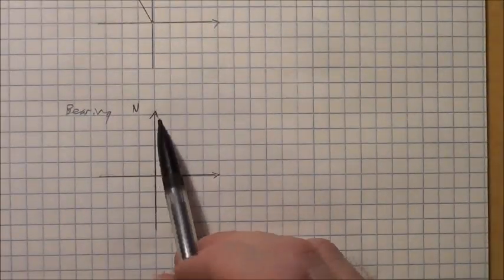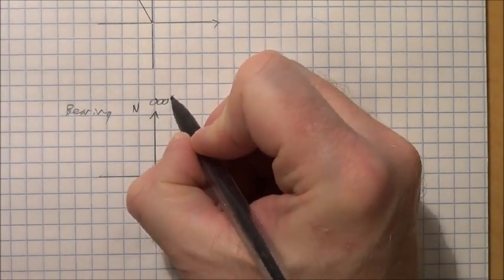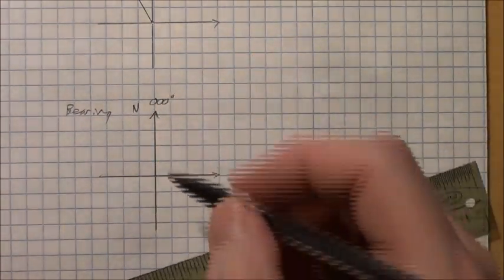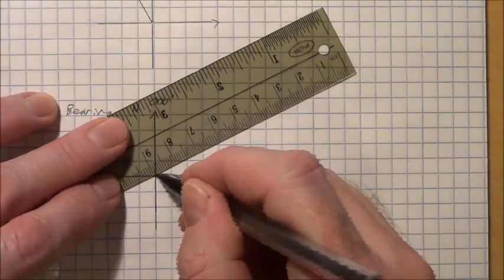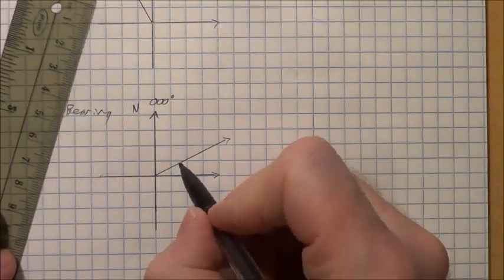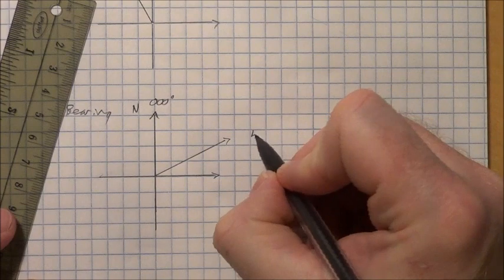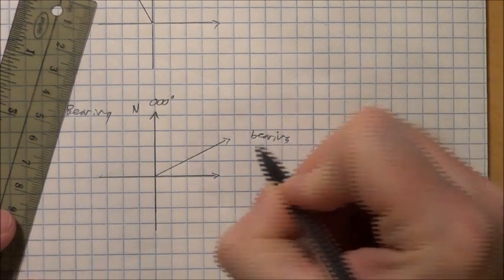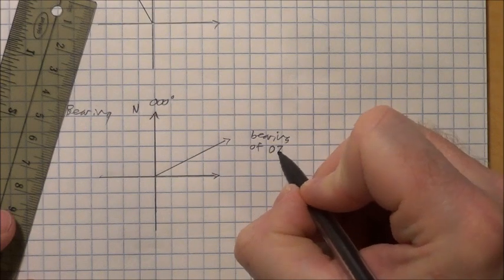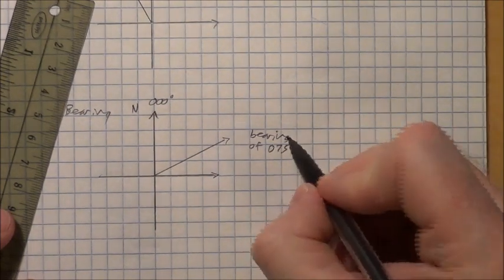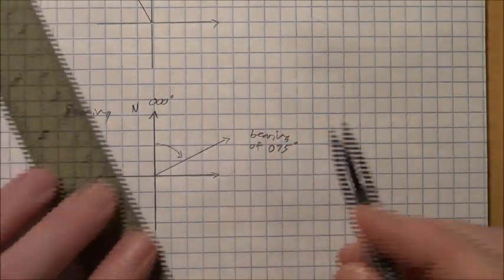For bearings, we always start at north. True north is 000 degrees, and then if we're over here, suppose that angle is a bearing of 075 degrees. Okay, and so that would be 75 degrees here.